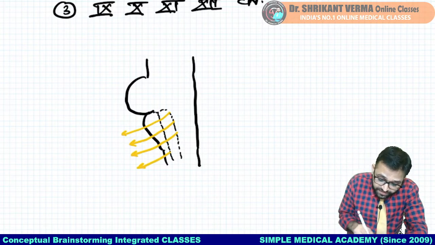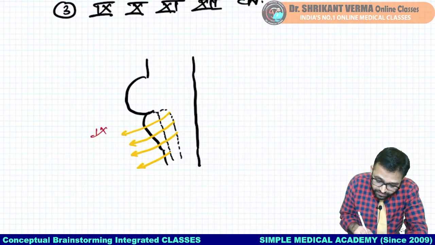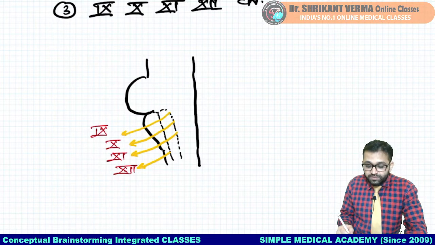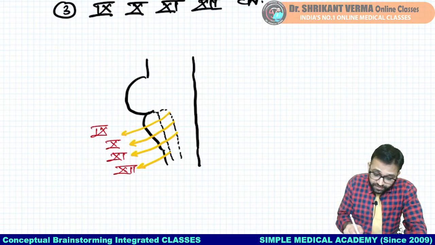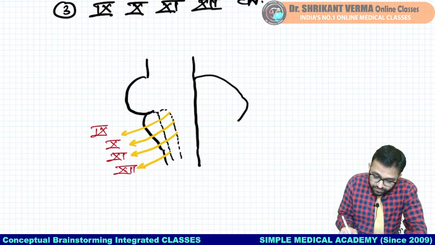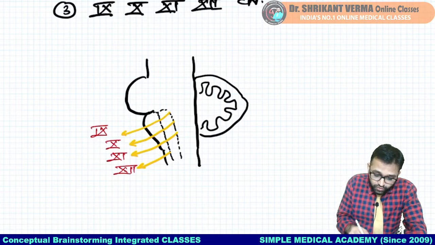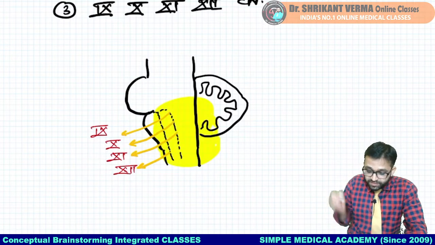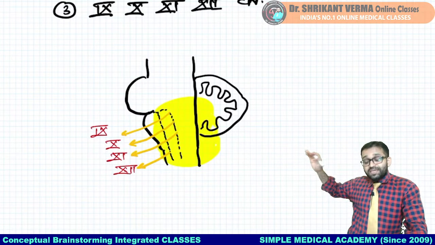So you can remember 9, 10, 11, 12. Here is the location of our cerebellum. These cranial nerves are very close to this cerebellomedullary system.